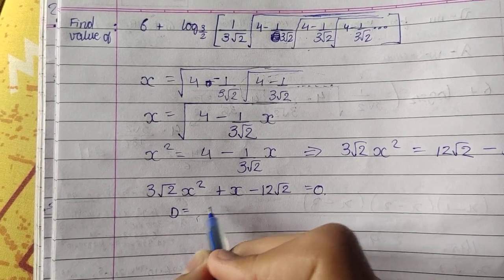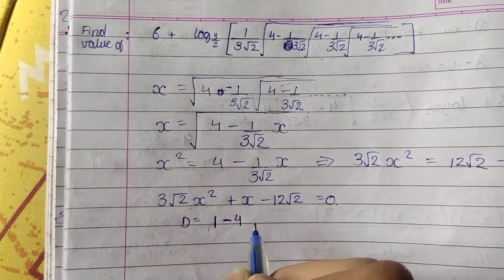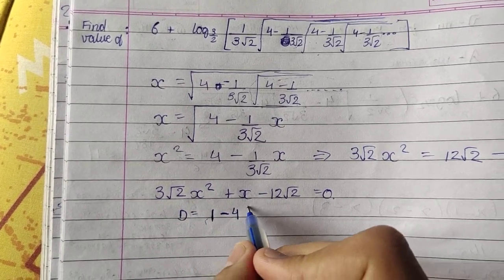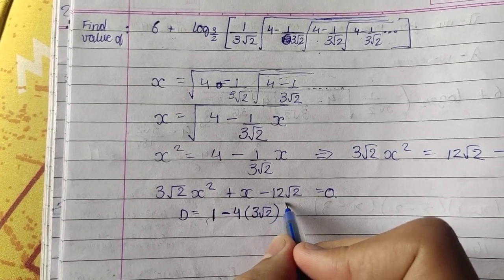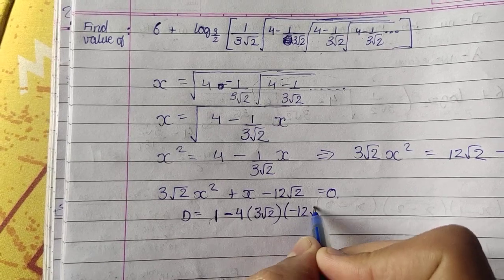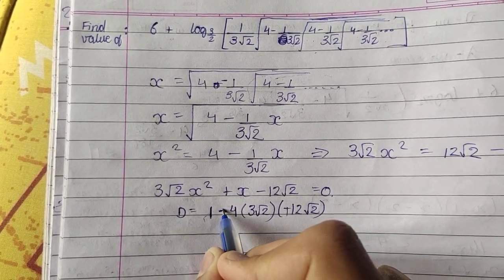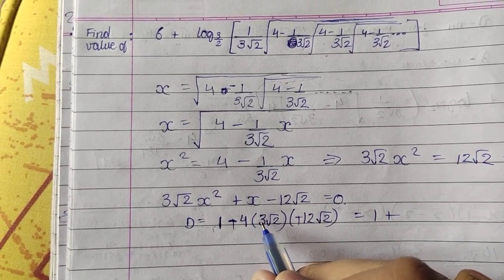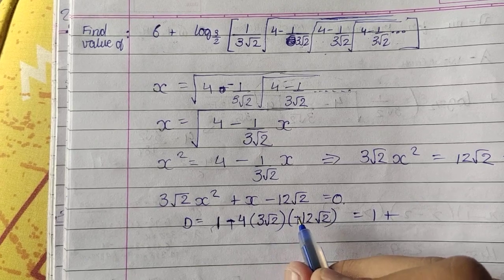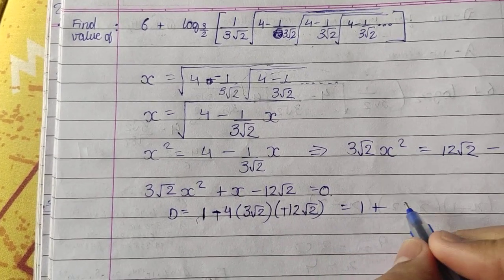b square is 1 here, so 1 square minus 4. a and c. a is 3 root 2, and c is minus 12 root 2. Okay, so this minus and minus gets plus. So this 1 plus 3 4s are 12, 12 2s are 24, 24 12s are 288.